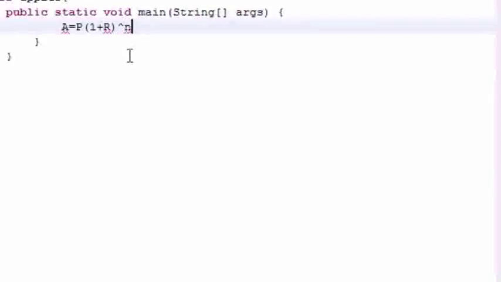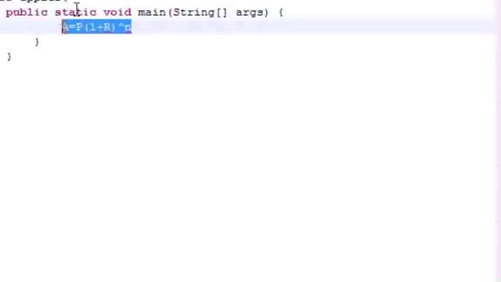So we want to solve for A, and what we need to do is find P, 10,000, times 1 plus 1% to the power of N.